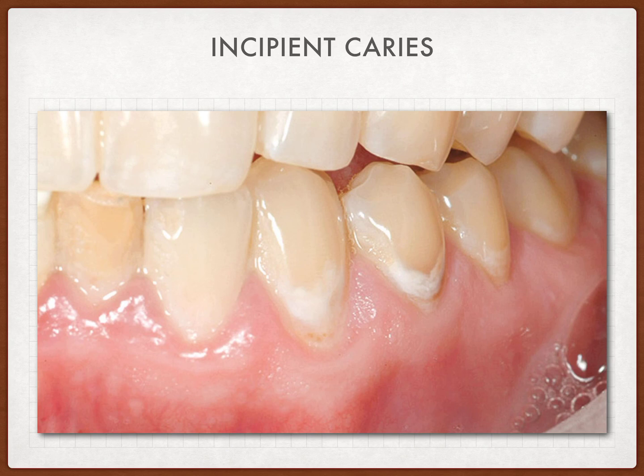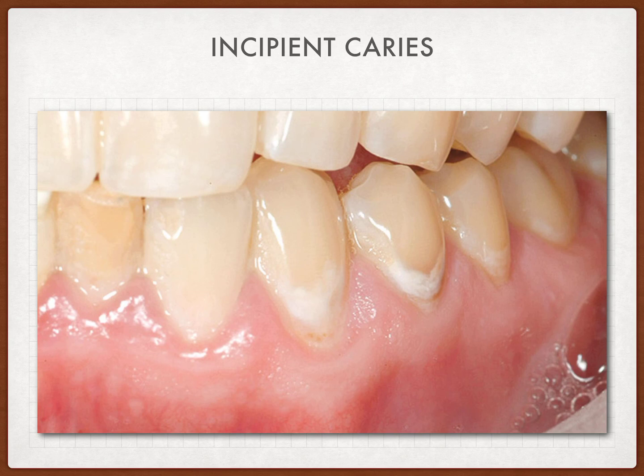Look at the cervical part of the canine and the first premolar. You can see this white lesion. This is the incipient carious lesion, which is demineralized enamel.